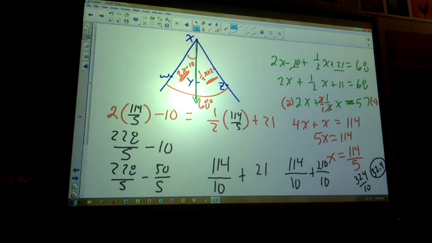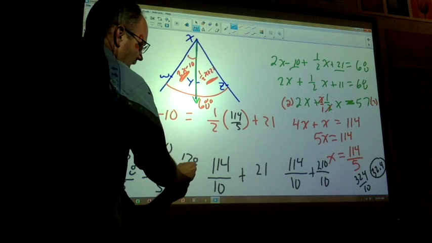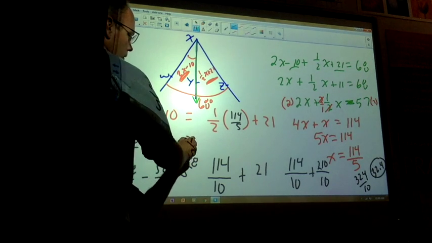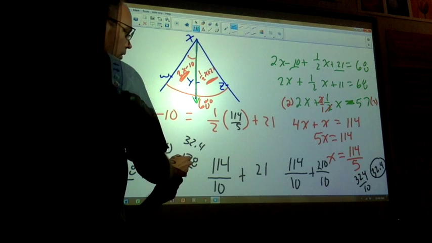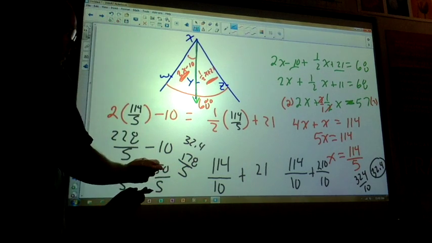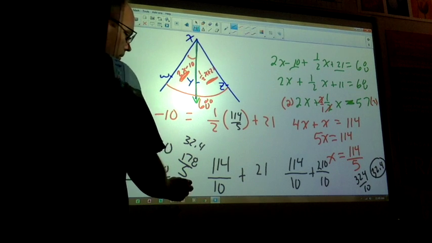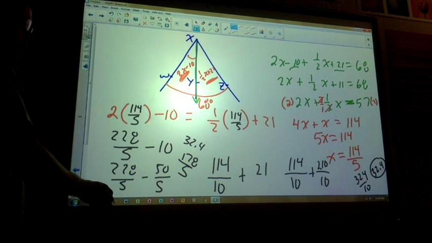How much? 180, 178. And 178 over 5 is equal to what? 32.4. No, 324. What is it? 324 over 5. 178 divided by 5 is what?